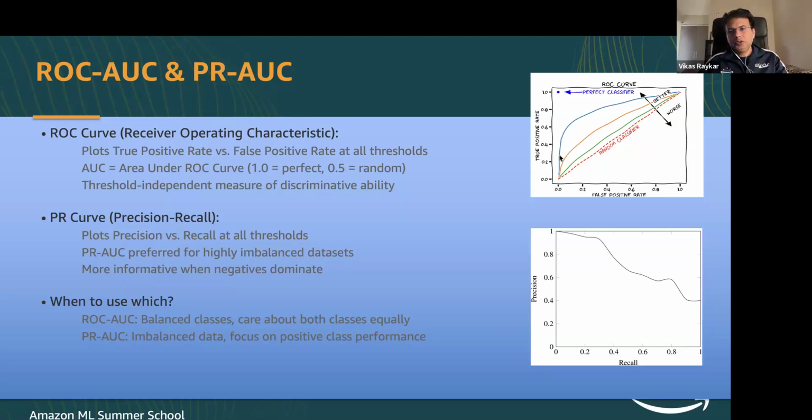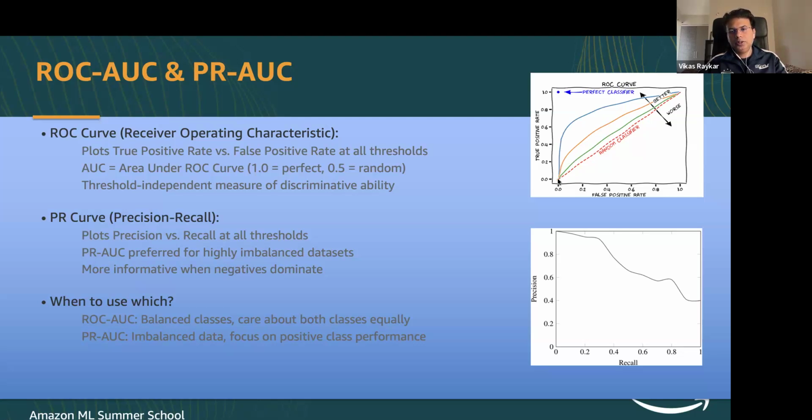You start off with one threshold, you compute the TPR and FPR, and you sweep the threshold from 0 to 1 or 0 to infinity based on your model. Then you can trace out a curve. This is called the receiver operating characteristic, or ROC, curve. The area under this curve is called the AUC, and it is another metric to quantify the performance of a binary classifier, independent of the threshold.